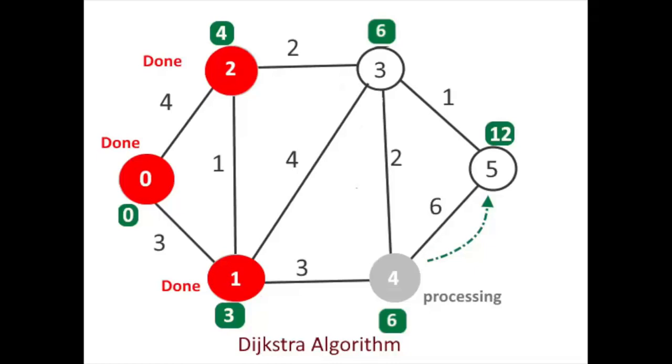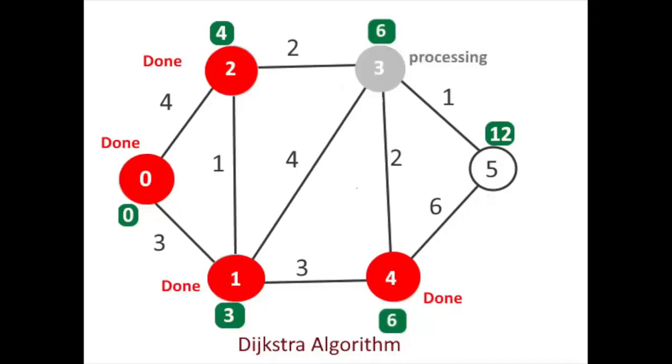Now, we will put node 4 into the final state. After that, we will process the next node, that is 3. So, we are going to process this one node. Now, next one node, you can see it here. Till now the weight is 6, 6 plus 1 is 7, 7 less than 12, yes, absolutely true.